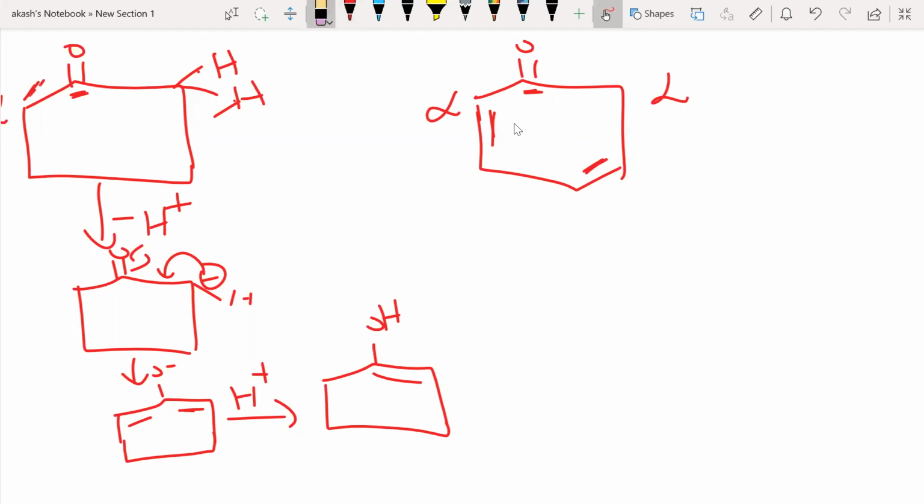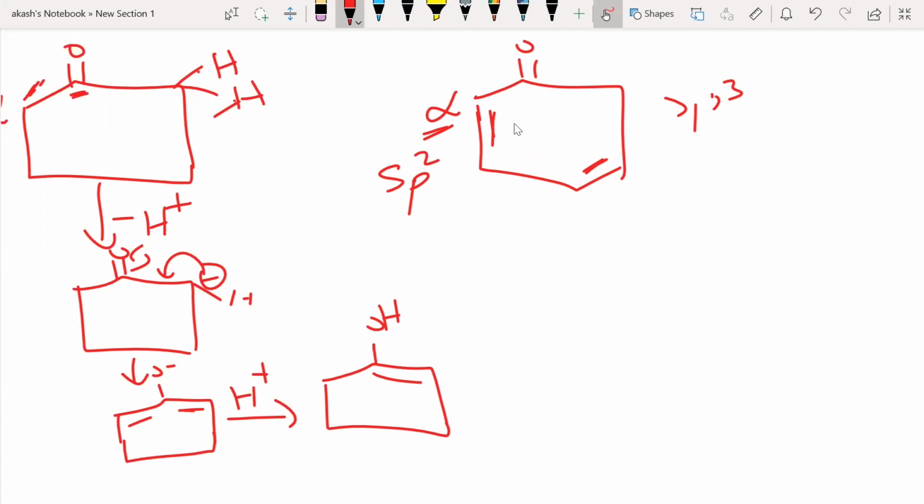But what you see here is that this alpha position carbon atom is sp3 hybridized, and this carbon atom is sp2 hybridized. Remember like this: only single bonds, sp3 hybridized; double bond, sp2 hybridized; triple bond, sp hybridized. Remember this, or you know how to calculate the hybridization, right?